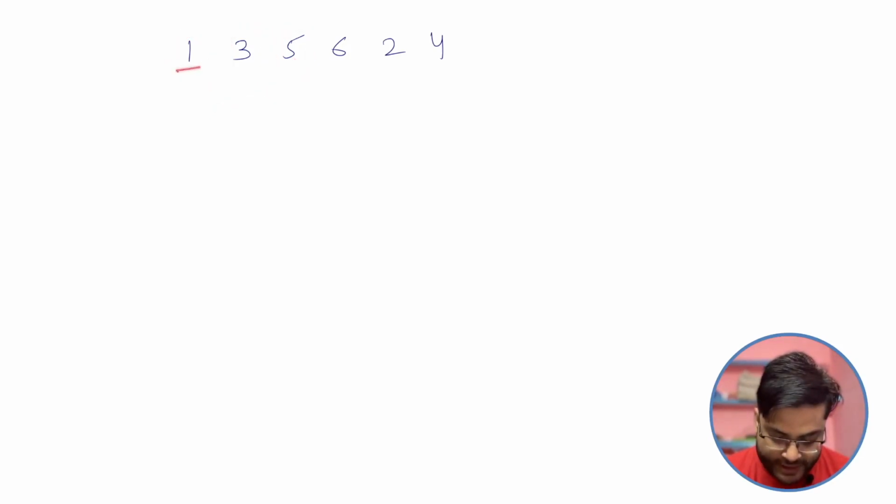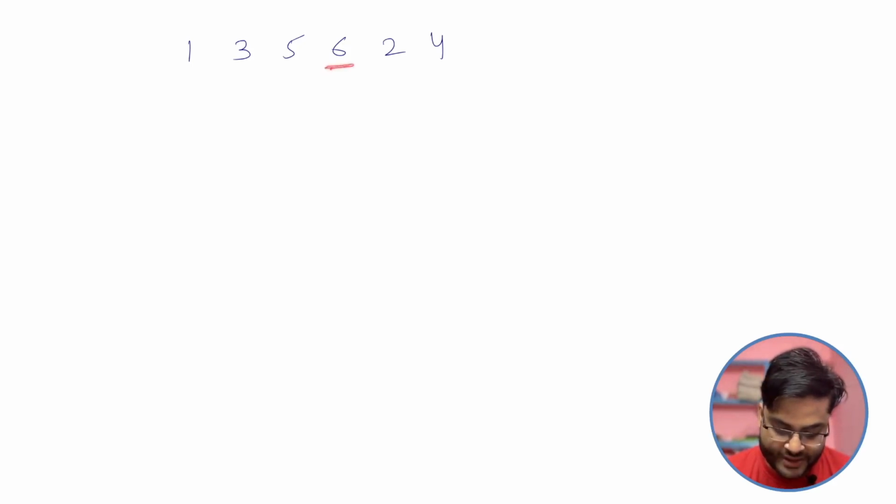Because we are sorting from the beginning. If 3 is in the correct position, it means all the elements before it are in the correct position. So we compare 5 with 3, and we keep comparing until we get its correct position. 5 is already at the correct position, so we don't need to change.